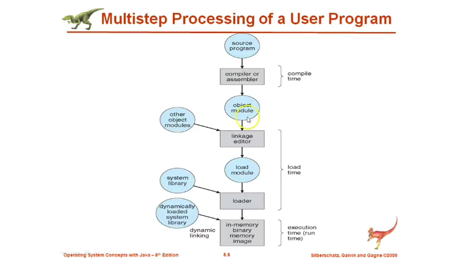After that, the linkage editor adds the other modules, and as a result we have the load module. After that the loader loads the system library, followed by the dynamically loaded system library, that is dynamic linking. After that we have the in-memory binary memory image. So this is an executable code.